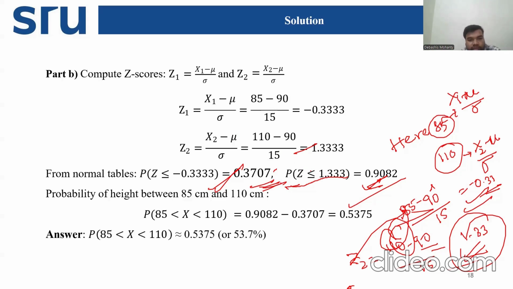So that's what we need to calculate here. And here you can see that probability of 85 less than x less than 110, that value is equal to 0.5375. Okay, that value you will get as the final answer.